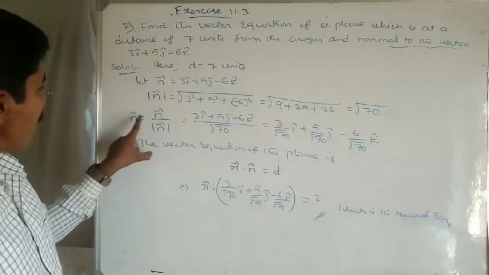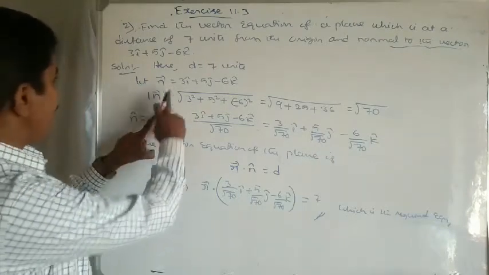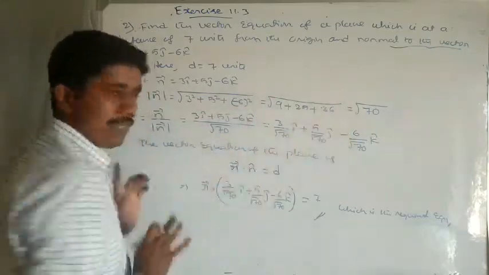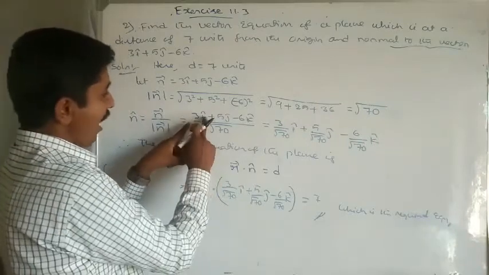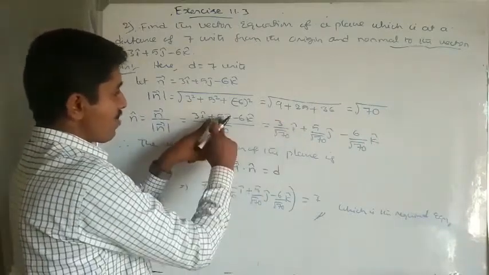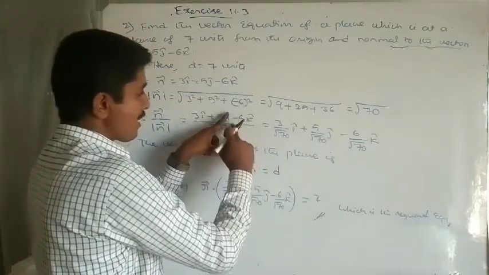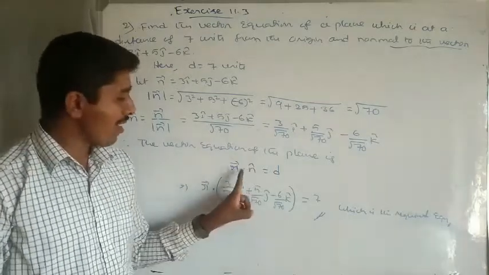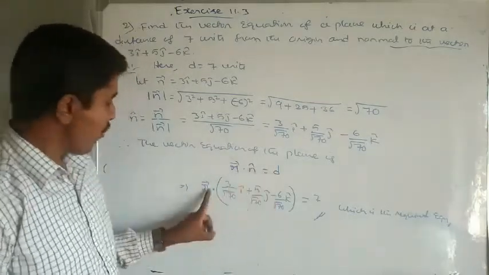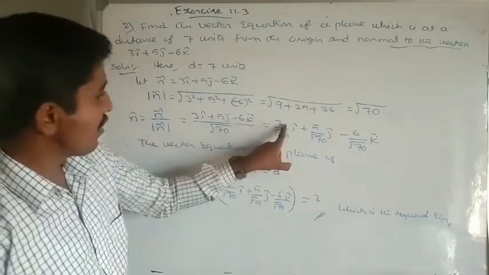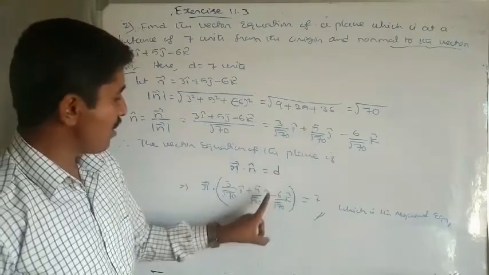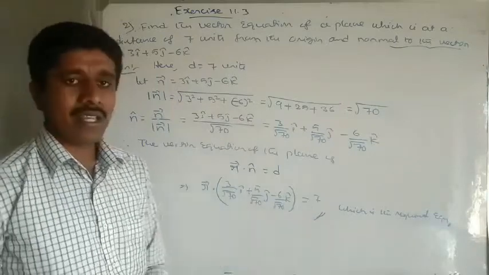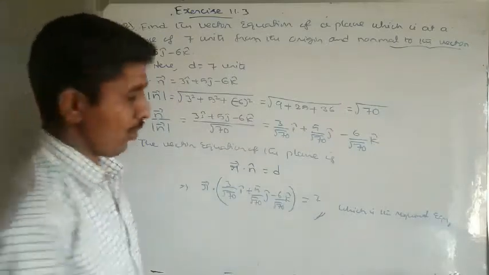Unit vector n cap equals vector n by magnitude of vector n, which is 3 by root 70 i plus 5 by root 70 j minus 6 by root 70 k. The vector equation of the plane is vector r dot n cap equal to d, that is vector r dot (3 by root 70 i cap plus 5 by root 70 j cap minus 6 by root 70 k cap) equal to 7, which is the required vector equation.